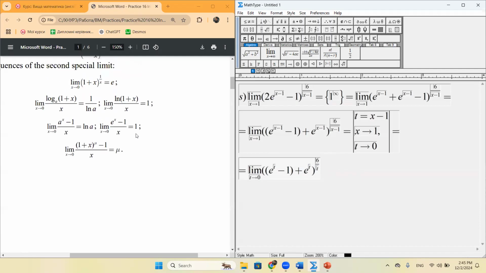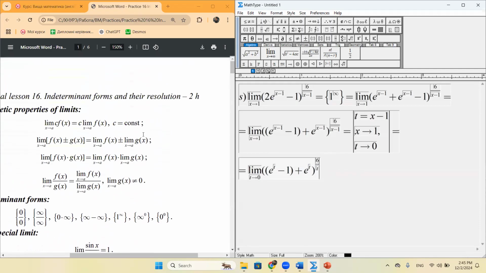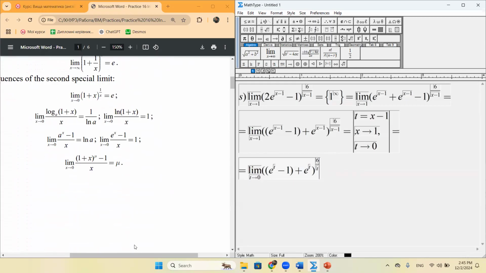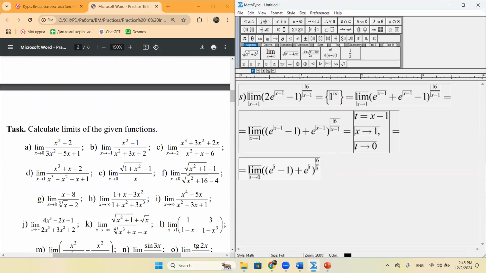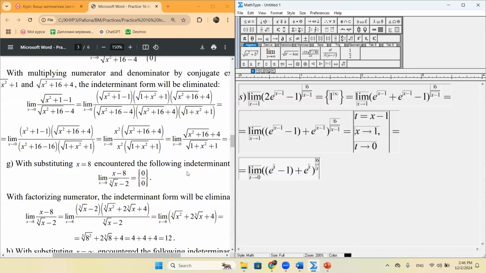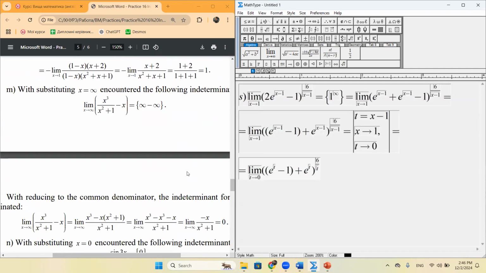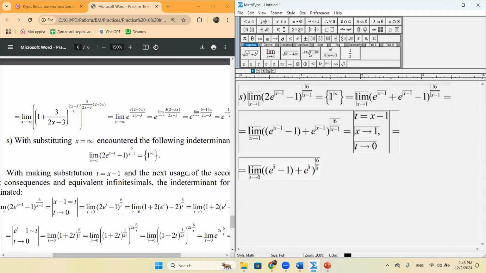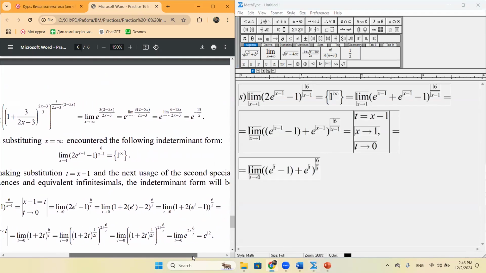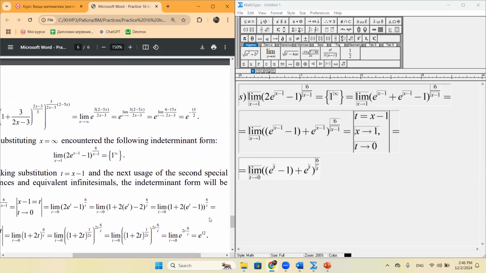So what we have here. And now we will use also some chains of equivalent infinitesimal functions. Something, but by the way, I'm confused a little bit about what I had to do. Yeah, so I made a mistake. Incorrect transform.